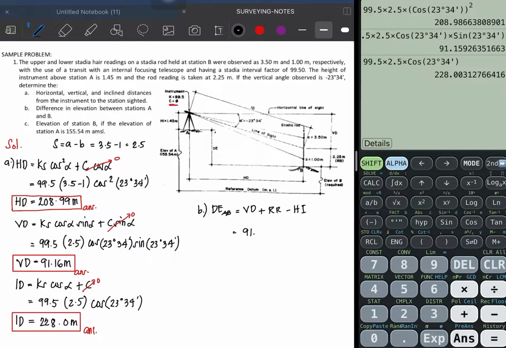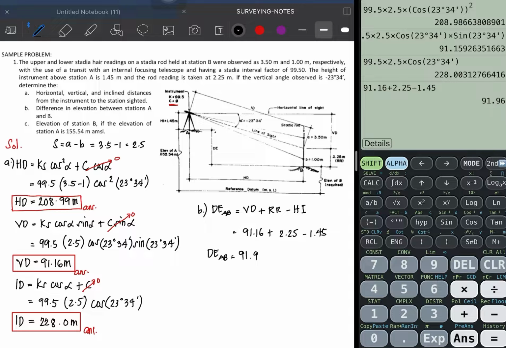Okay, so from the given, you have VD is 91.16 plus RR, that is 2.25, minus HI, that is 1.45. So difference in elevation at point A and B is 91.16 plus 2.25 minus 1.45.